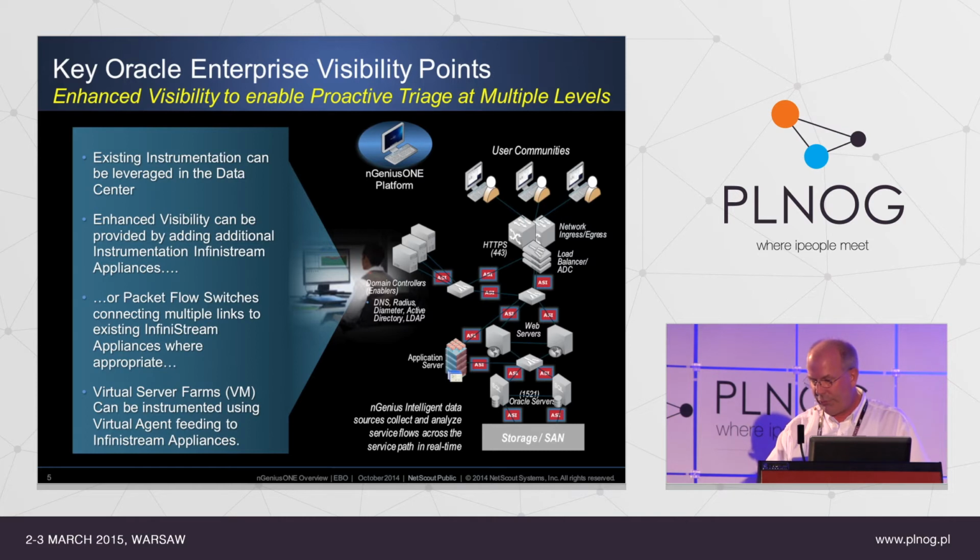And as you see from here, we've got the user community sitting out in the network. They're dotted all over the country. Whether you're a service provider, an enterprise customer, or a cloud service provider, you will always be dealing with user communities. We have our monitoring system, and then you've got your multi-tier application from top to bottom.